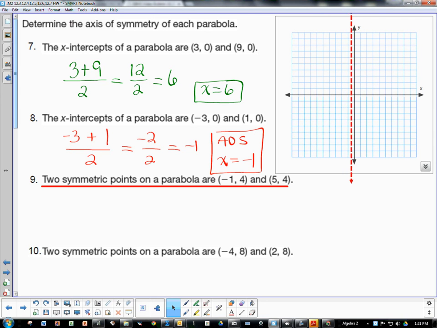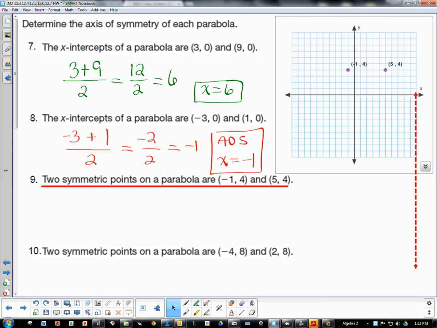Let's move this out of the way. All right, I'm going to quickly graph -1, 4. So left one, up 4. There it is. And let's graph 5, 4. So 1, 2, 3, 4, 5, up 1, 2, 3, 4.